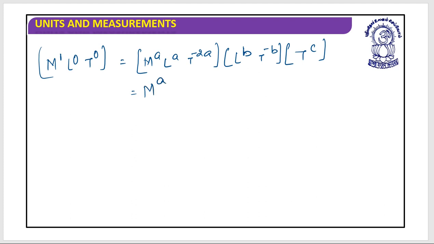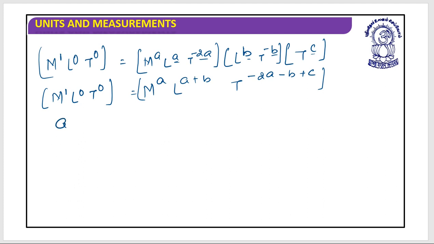M to the power A, L to the power A plus B, T to the power minus 2A minus B plus C. And here the terms are M1 L0 T0. If I compare the exponents, A is equal to 1, A plus B is equal to 0, and minus 2A minus B plus C should be equal to 0.